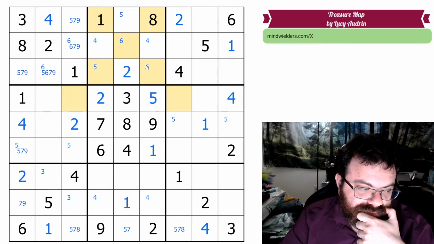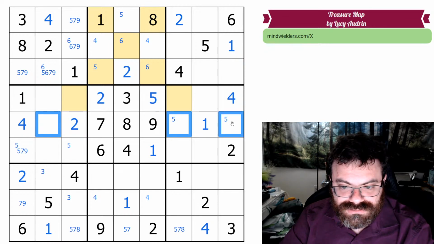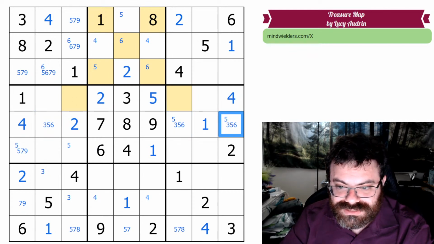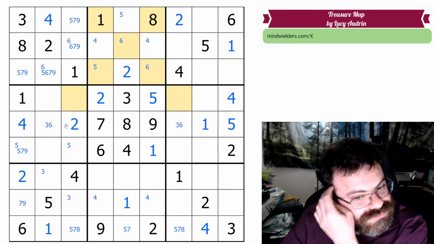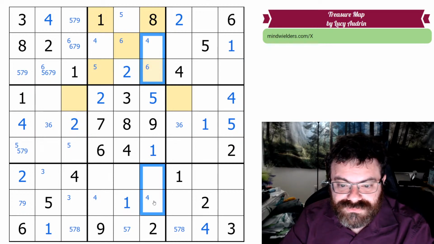Alright, see ya, Toast Crunch. This row, we have 1, 2, we need 3. We have 4, we need 5, and 6. Yes, so that's a 5. 3, 6, 3, 6. This column, 1, 2, 3, 4.